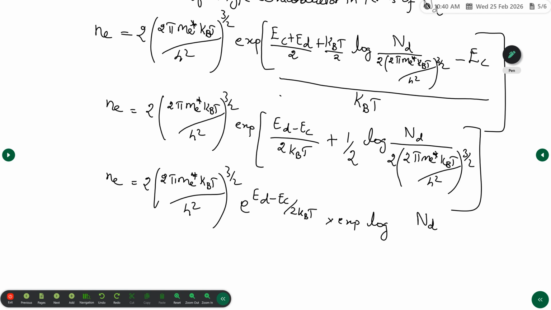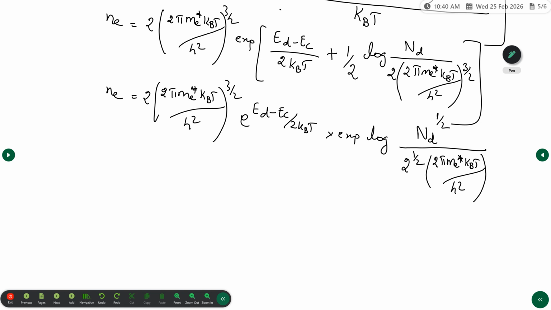So ND power 1 by 2 divided by 2 power 1 by 2. Then here 2 pi ME star KBT by h square 3 by 2 power 1 by 2, so 3 by 4.